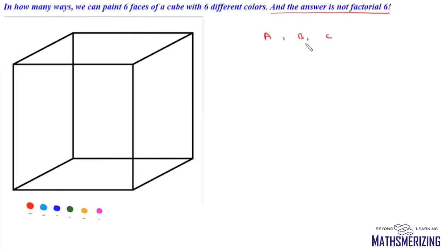So we know that these 3 objects linearly can be arranged as either ABC, ACB, BAC, BCA, CAB and CBA. So that is, they can be arranged in 6 ways, which is factorial 3 ways.